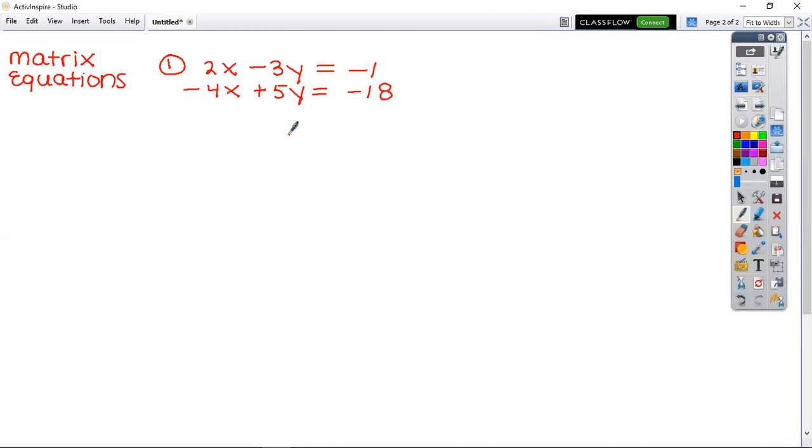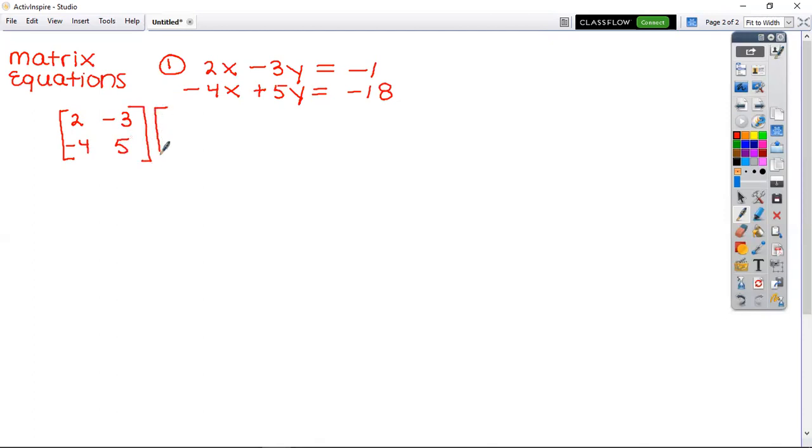So when you get to a test or a quiz, it is going to specify that you have to solve it using matrix equations. The first thing I do is I write a matrix with all my coefficients. So I am going to go 2, -3, -4, and 5.